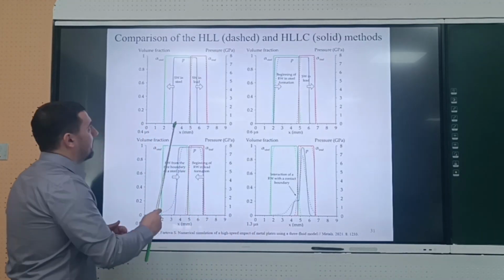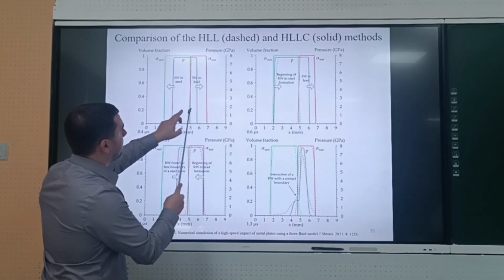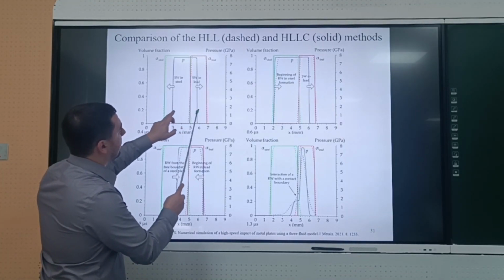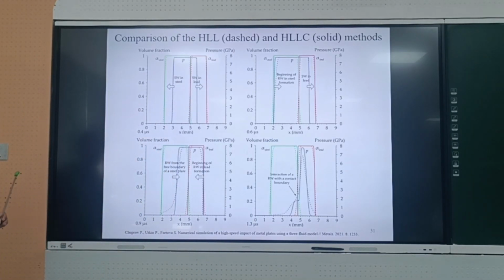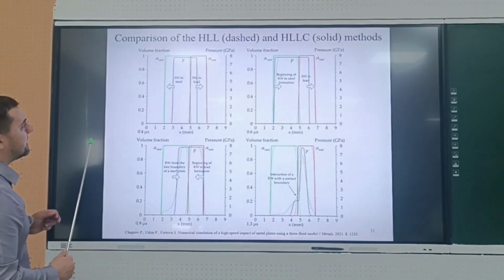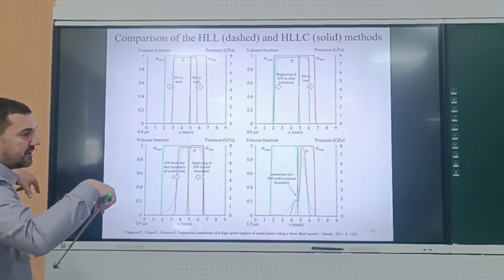And when one plate hits another one, we have strong shock waves. And these shock waves propagate inside these plates. So the arrows indicate the directions of propagation. And the simulations were carried out using the HLL method for these equations and HLLC.